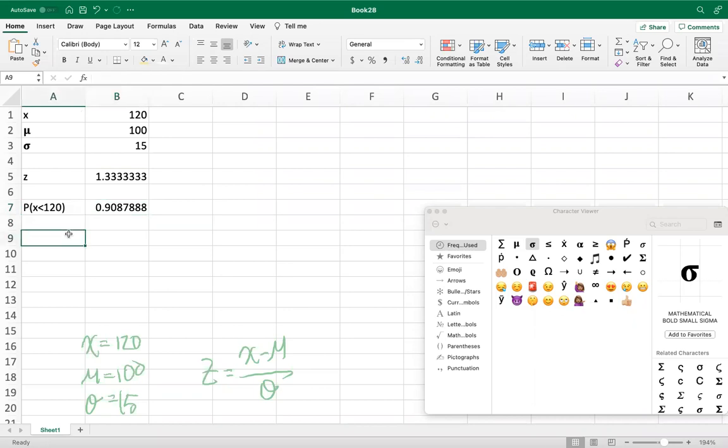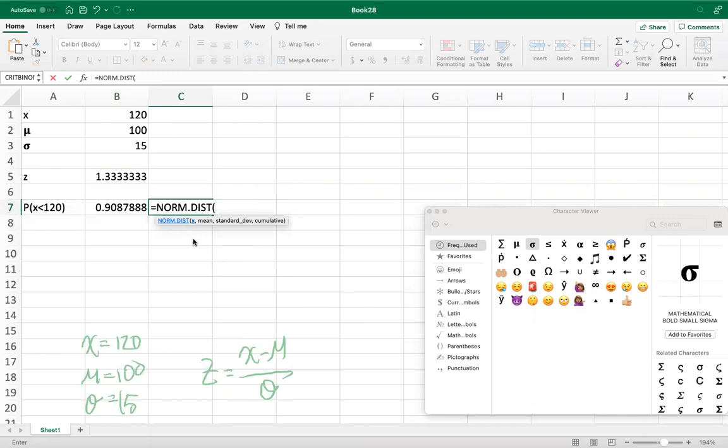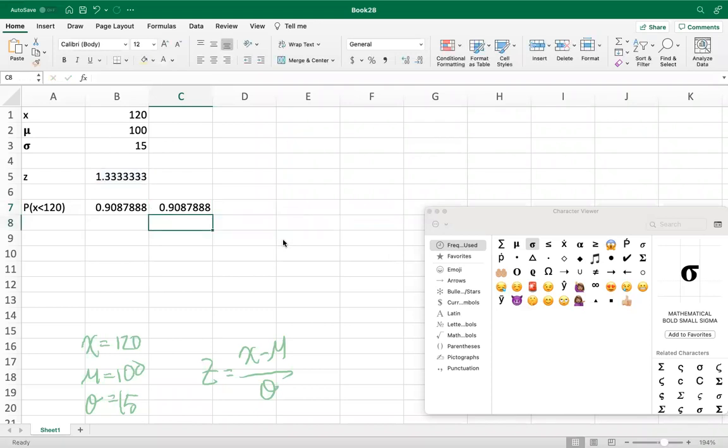Going back to what they said as well, we could have used the standard normal curve. Using the standard normal curve with the mean of 0, standard deviation of 1, we could have still used normal distribution, but this time X would have been 1.33. The mean would be 0, standard deviation 1, cumulative true. And we got the exact same thing. So here you could have used either or.